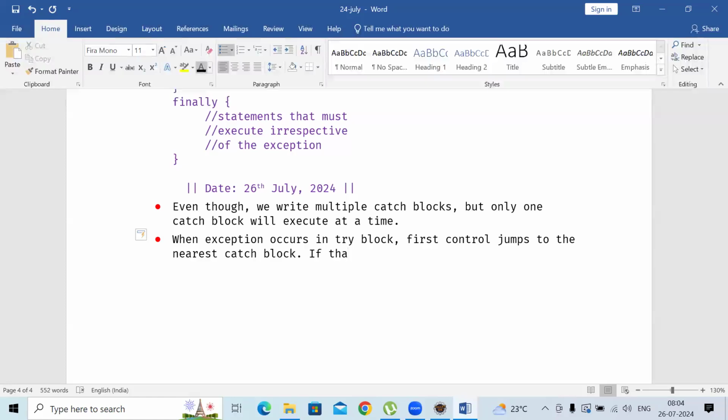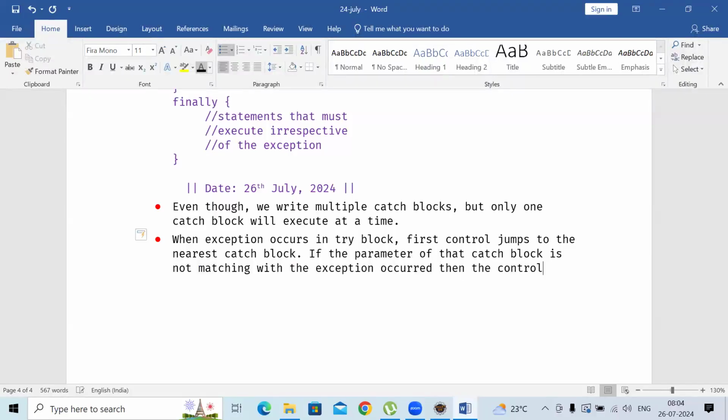If the parameter of that catch block does not match the exception that occurred, then control jumps to the next catch block.